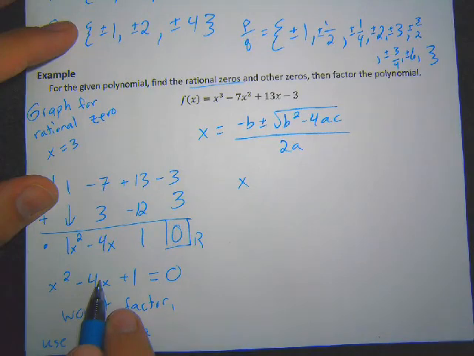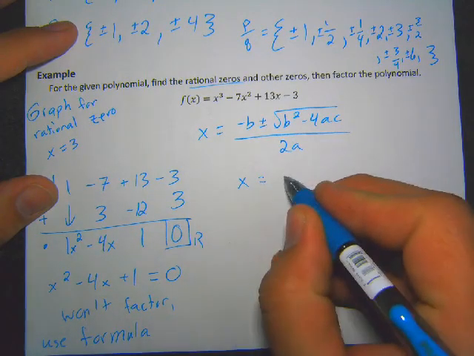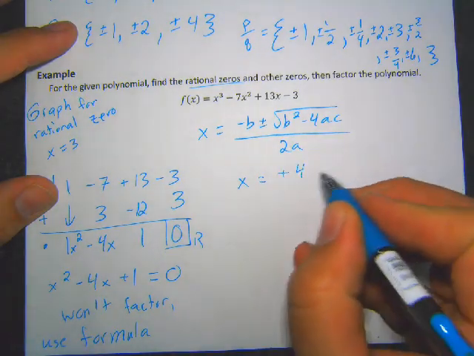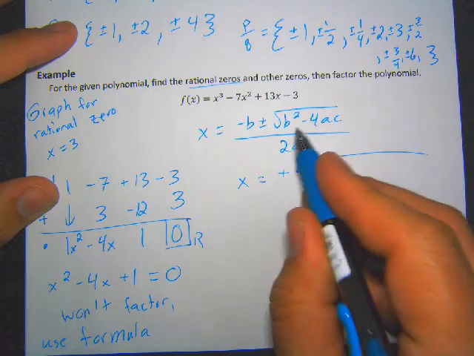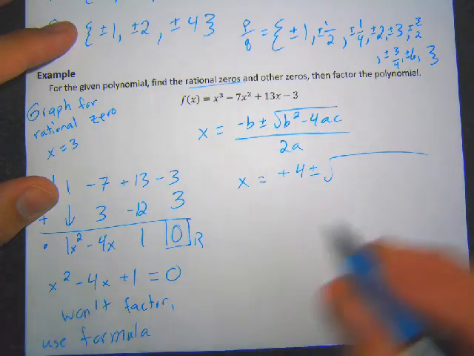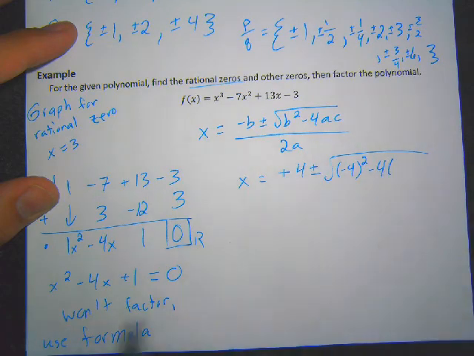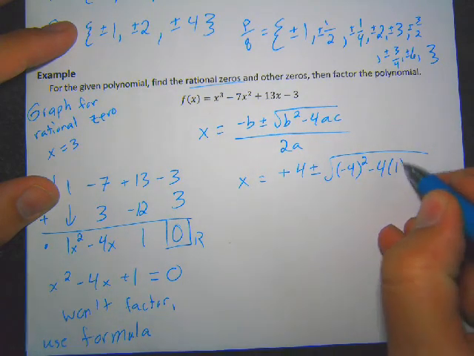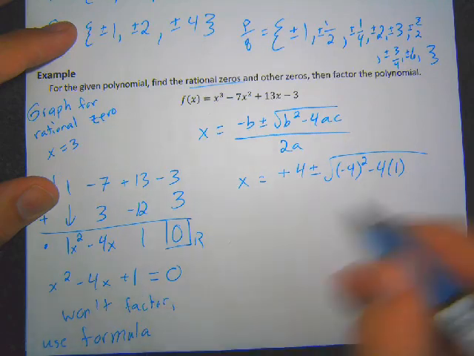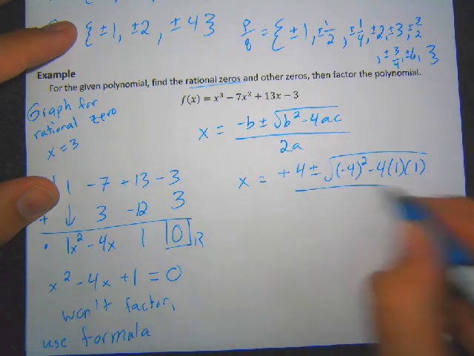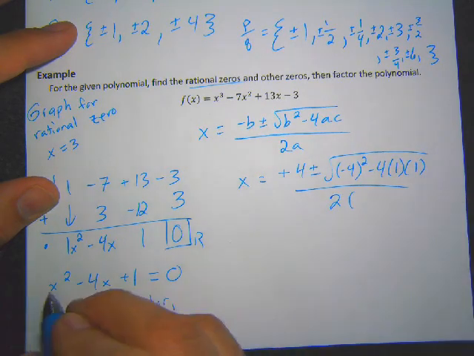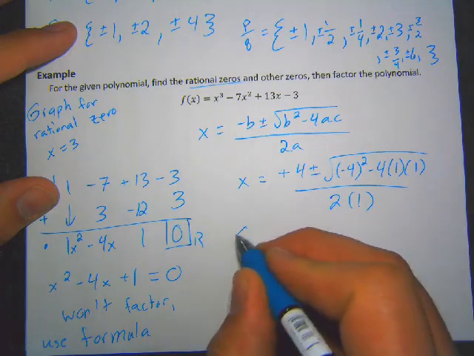So b is -4, so a negative b is going to be a positive 4, plus or minus the square root of b squared, which is -4 squared, minus 4 times a, which is 1, times c, which is also 1, over 2a, which again is 2, and that's our equation.